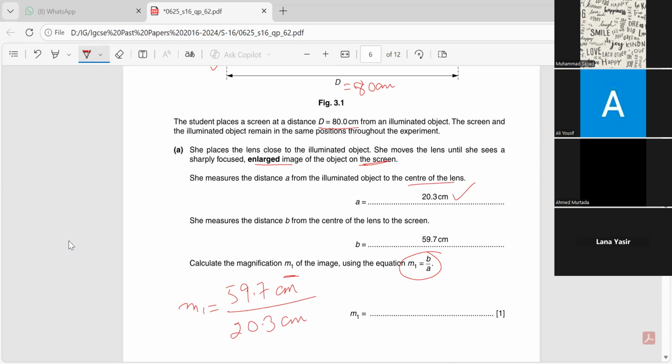So the answer is 2.9 here, 2.940 centimeters, and I can write it in one decimal place or two significant figures, centimeters.